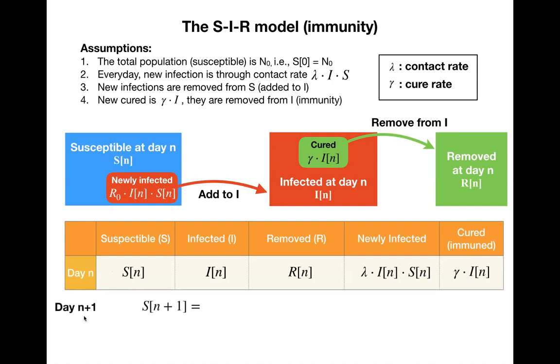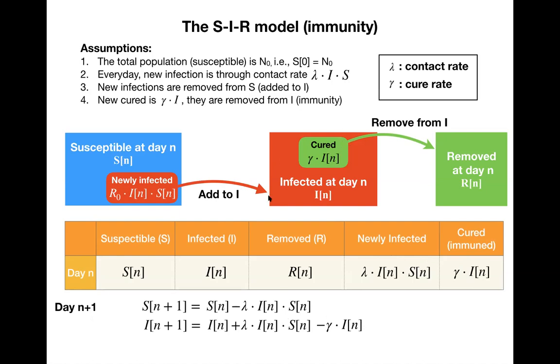At day n plus 1, S_{n+1}, the susceptible population, is S_n minus lambda times I_n times S_n. I_n is slightly more complicated. You get new infections, which is lambda times I times S, and you also have people removed from I due to cure, which is gamma times I_n.